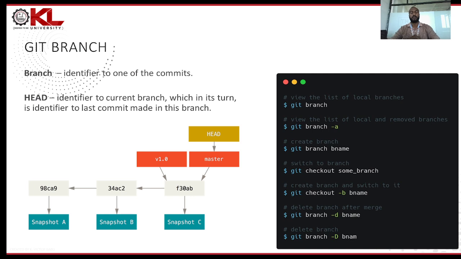Now, this is a very important thing. Whenever we have a huge piece of work or a vast project, it needs to be split up into modules, and each module is distributed along one flow. That flow we consider a branch. A branch is basically an identifier of one of the commits. In this diagram, the current branch is identified with the last commit made in this branch.